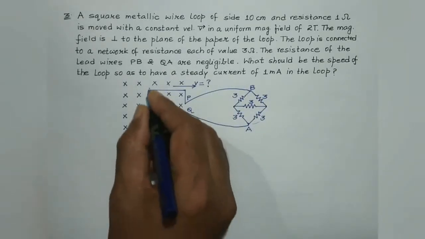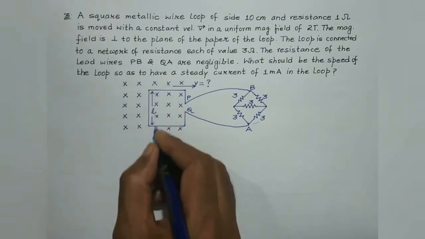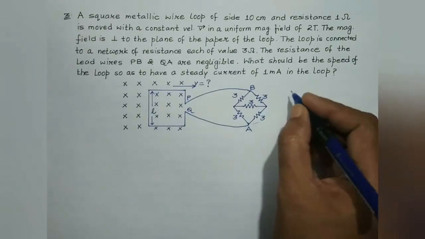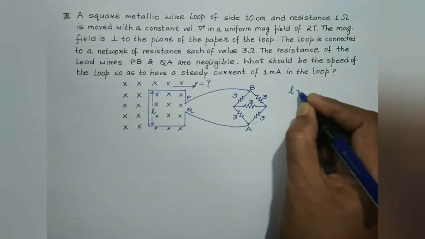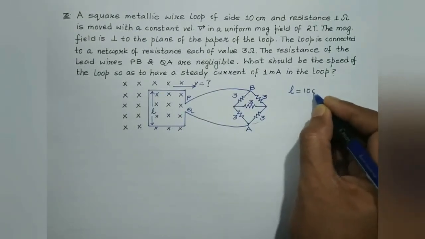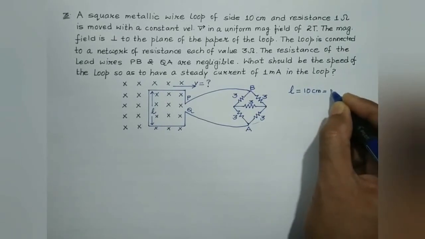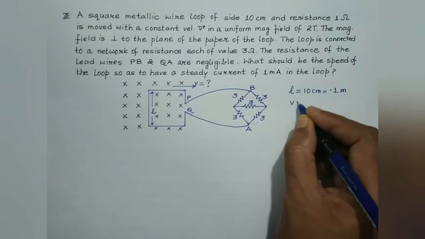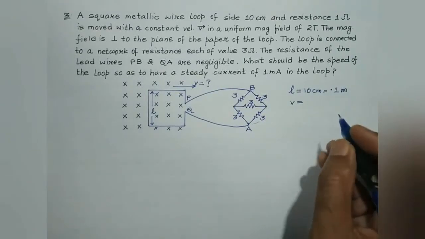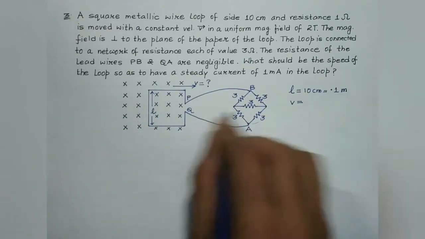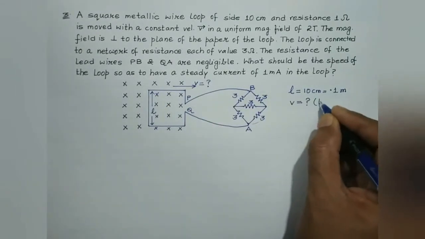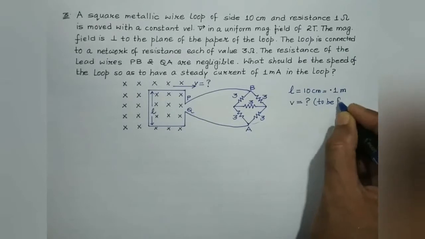The length of this square metallic loop is given to be 10 centimeter. Well, let's write down the given information. Length is 10 centimeter, which is 0.1 meter, right? V, the velocity or speed with which the loop has to be moved so as to have a steady current of 1 milliampere, is to be calculated.